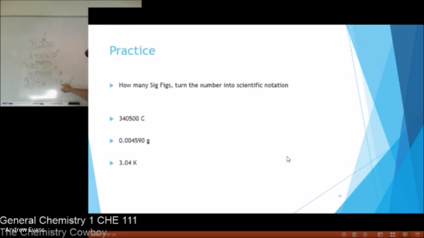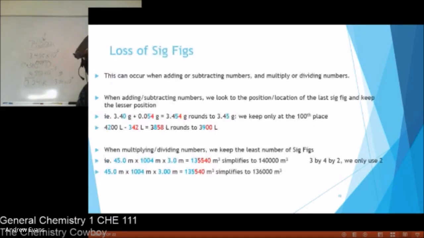So 3.04 times 1 is 3.04, and that comes back out with our initial value. Would you really want to turn that into scientific notation? No, it's not worth your time. But if there was a silly question that asked for that, you could. But the first thing we need to be able to do is recognize this.